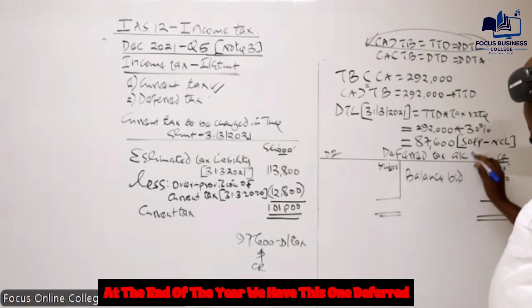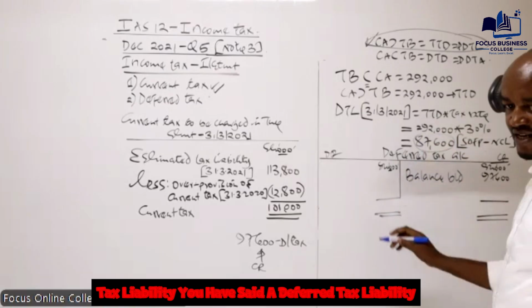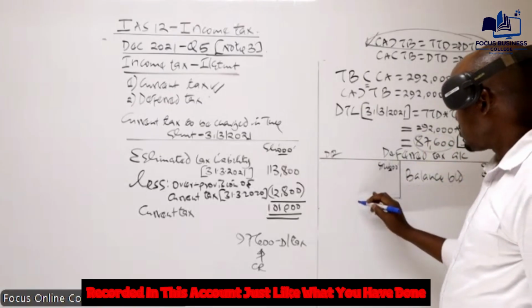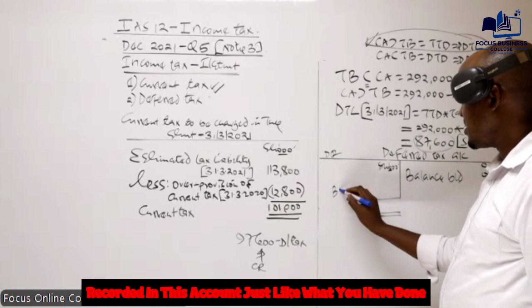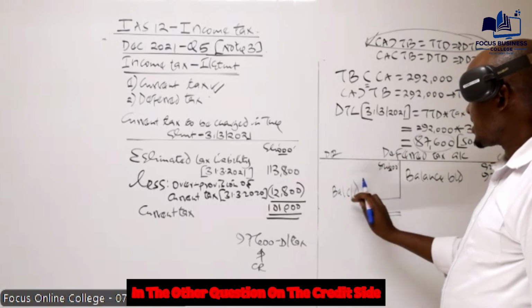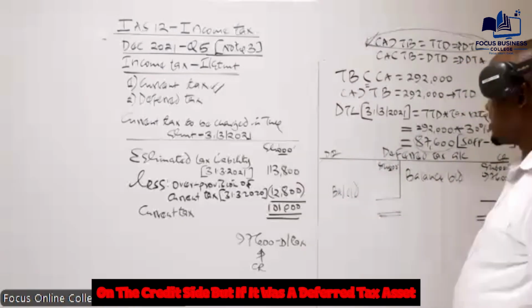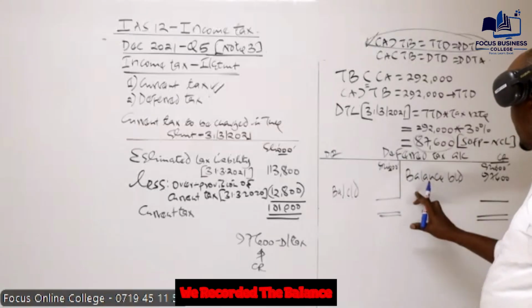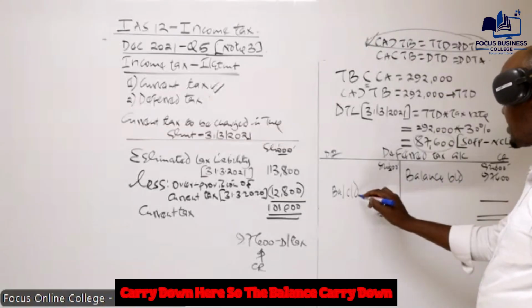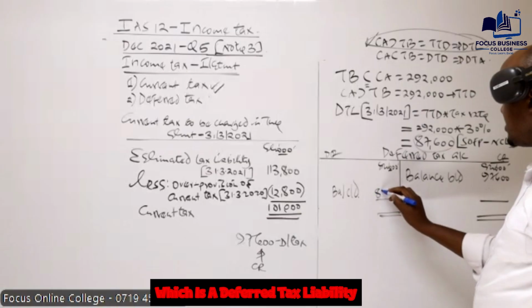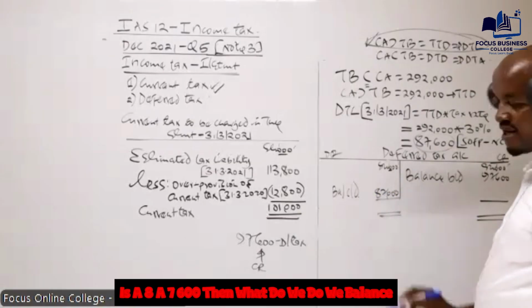At the end of the year, we have the deferred tax liability, which should be recorded on the credit side. If it was a deferred tax asset, we would record the balance carried down here. So the balance carried down, which is the deferred tax liability, is 87,600.